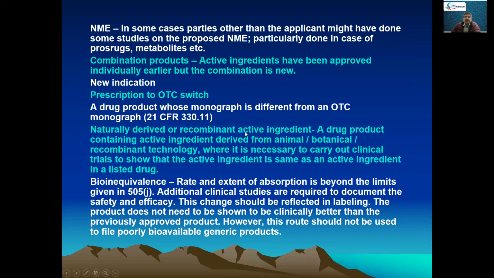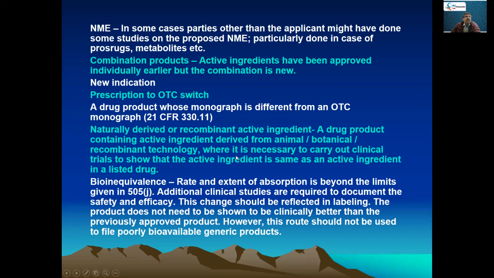Naturally derived or recombinant active ingredients are drug products containing an active ingredient derived from animal, botanical, or recombinant technology, where it is necessary to carry out clinical trials to show that the active ingredient is the same as an active ingredient in a listed drug. This is applicable in the case of biotechnology derived products.